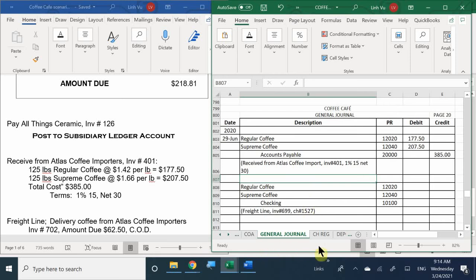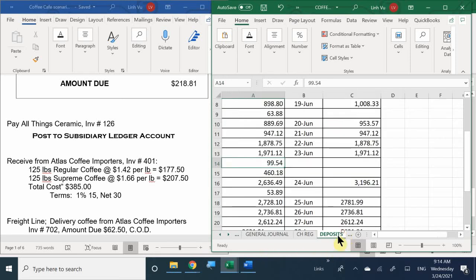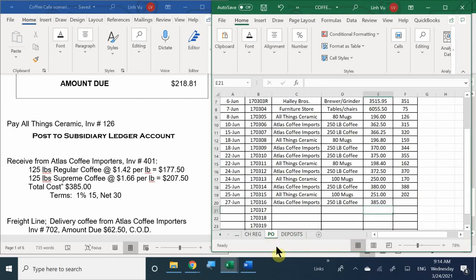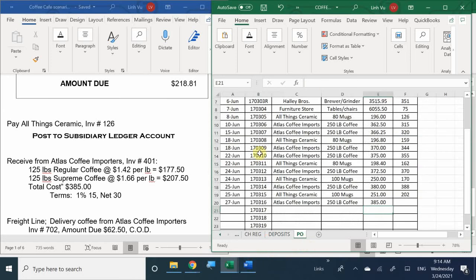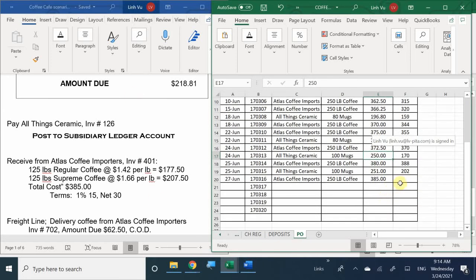Purchase orders. Yes, we gotta update our purchase orders. I don't know why my deposits keep switching over. Okay, so purchase orders. Here we are.